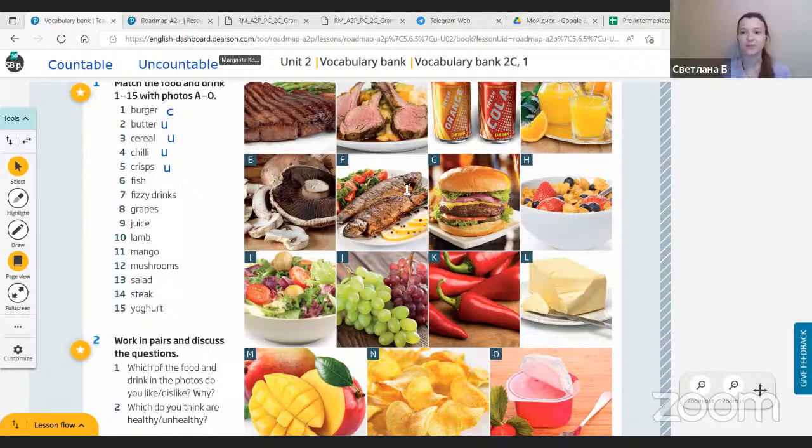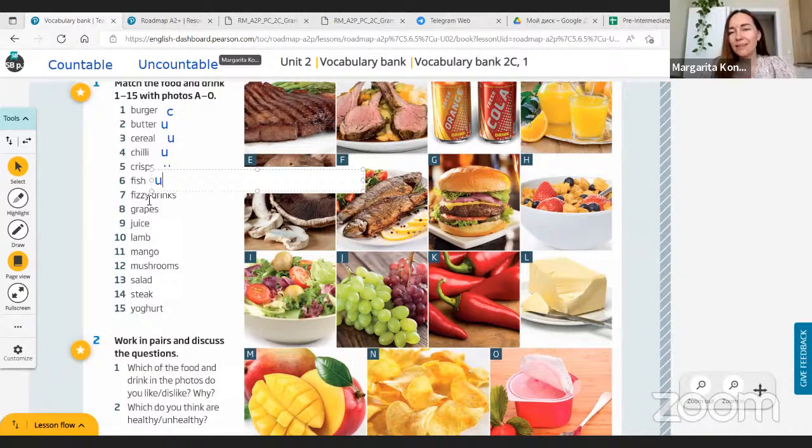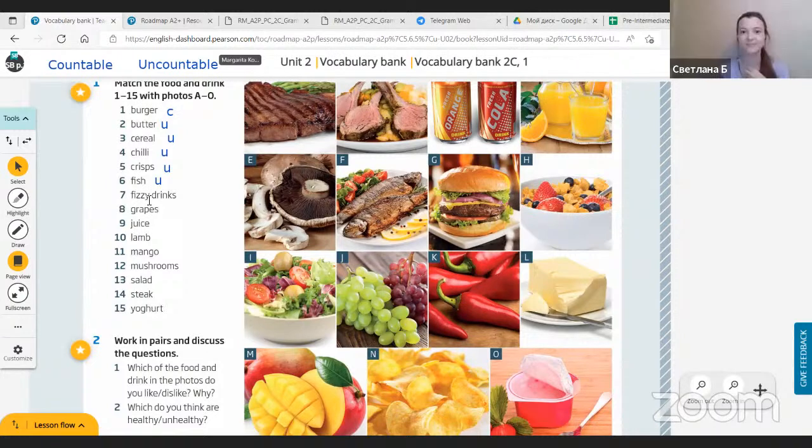Нет, это же может быть и стейком, и кусочки, и филе, и так далее. Поэтому fish как продукт, который мы едим, это uncountable. Потому как не всегда нам приносят целую рыбину. А вот если она у нас плавает, живая рыбинка, то это countable. Okay? Good. What's next?